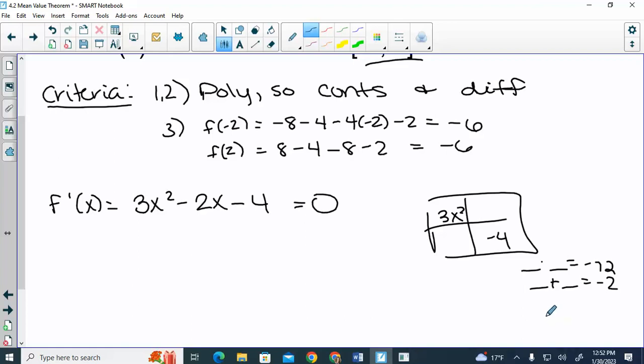No. So if box method doesn't work, how do we solve it? Yeah, quadratic formula. Opposite of b plus or minus the square root of b squared minus 4ac, all over 2a.